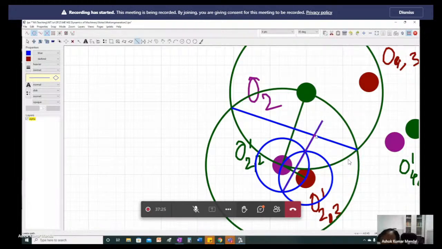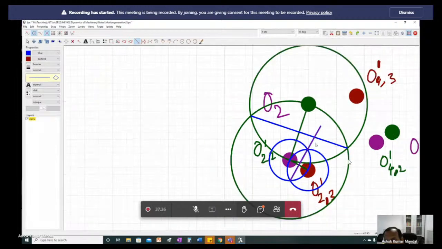Okay, so they are intersecting at this point. So that means this is the point. What is this point? This is point A.